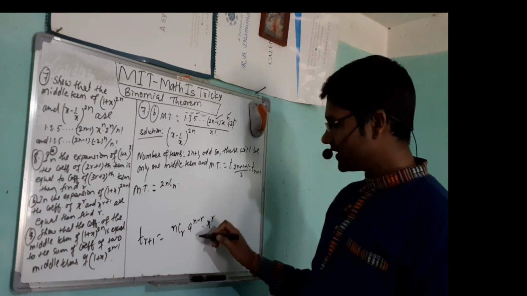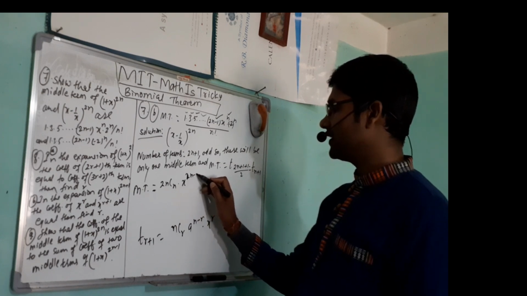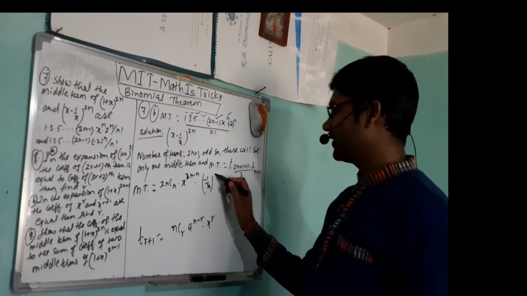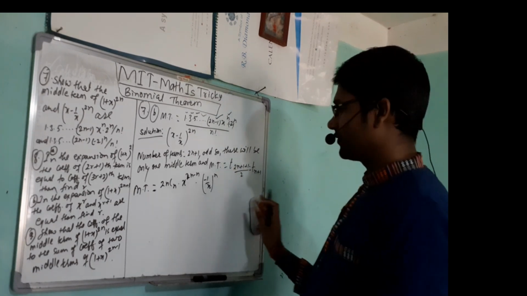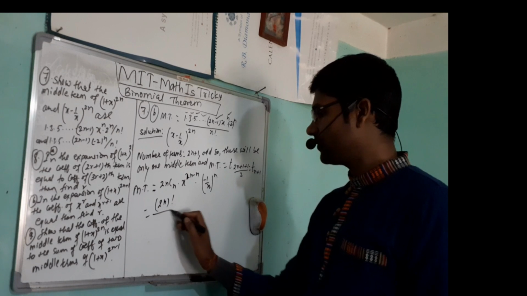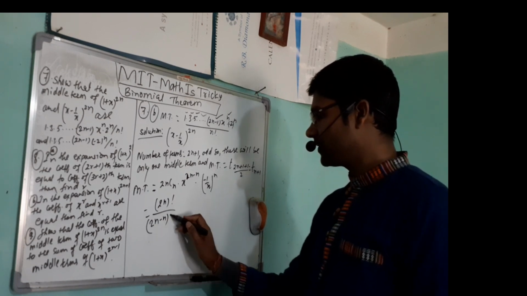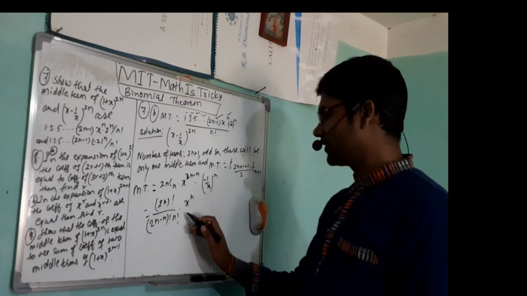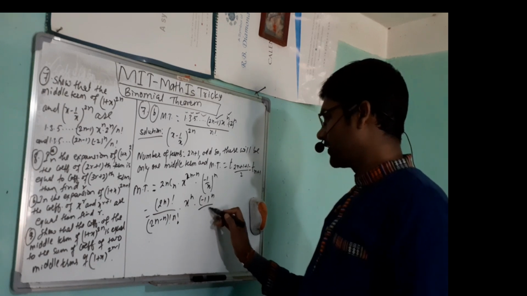In this case a is x, so x power 2n minus n, and then minus 1 by x power n, because in this case r equals n. If we simplify this, it will be 2n factorial by (2n minus n) factorial n factorial, and this is here x power n into minus 1 power n by x power n.